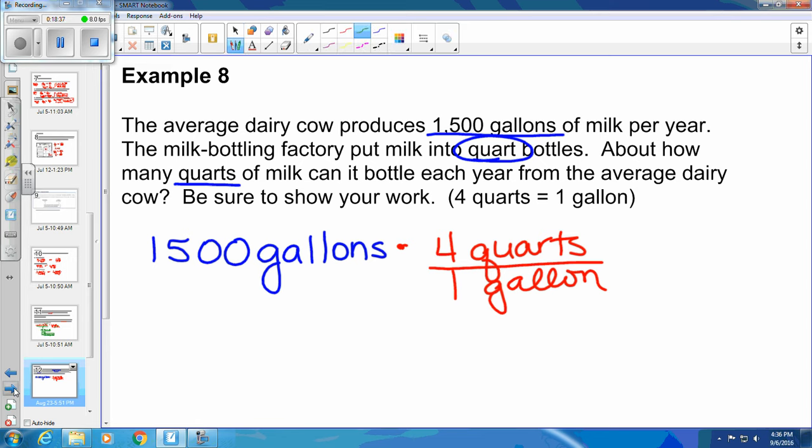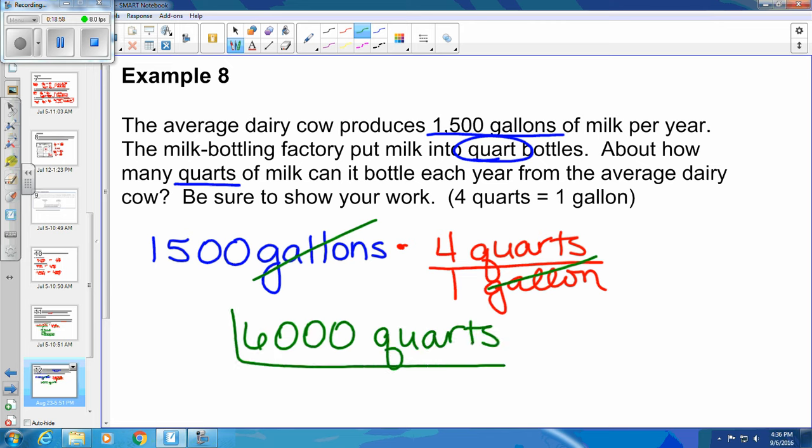We like seeing the gallons disappear. They simplified. And we're left with just quarts. And that's what we wanted to end up with, was quarts. So 1,500 times 4 is 6,000. So we have 6,000 quarts. That is a lot of milk. Okay. So it can bottle 6,000 quarts of milk from 1 average dairy cow.